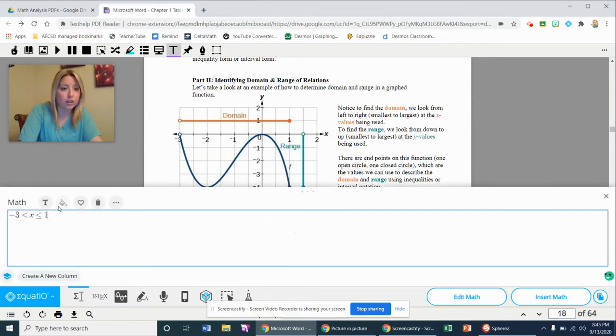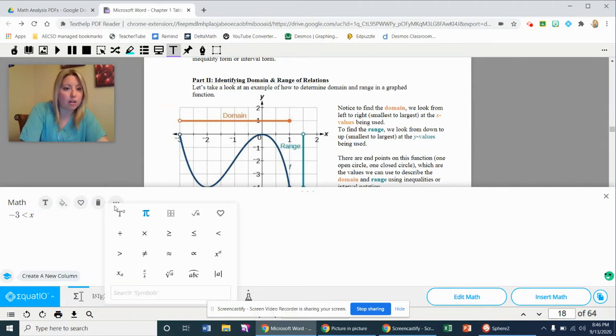Okay, so I think I already wrote it out. Yep, I did. So right here, we write out, and I'll just do it again just so you can see this. So -3 is my lowest x value, then less than, because lowest to highest, it's always smallest to largest. So that means you always use less thans, with x in the middle. I call it the less than sandwich, right?